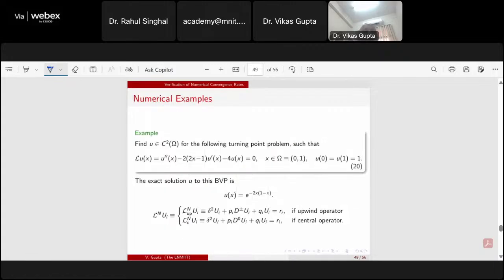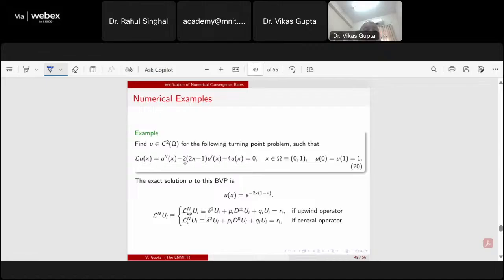Now the second test problem we are considering is a turning point problem. Here you can notice that the convection coefficient p(x) changes its sign interior to the domain at the point x equal to 0.5. If the point x is less than 0.5, then 2 into 2x minus 1 is negative, am I right?